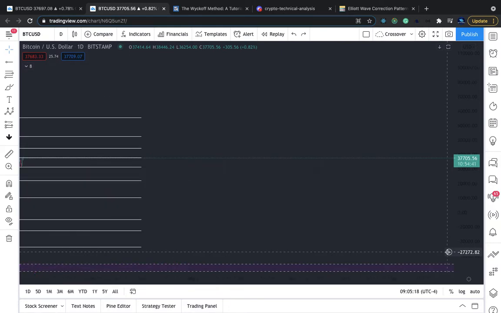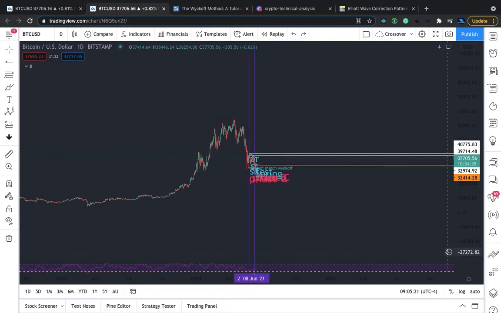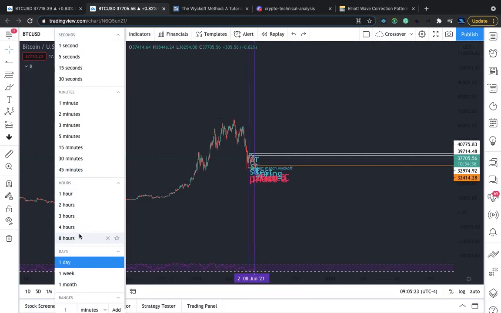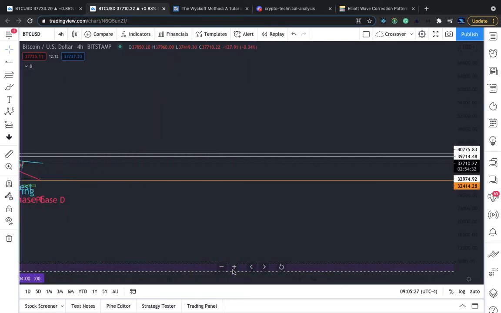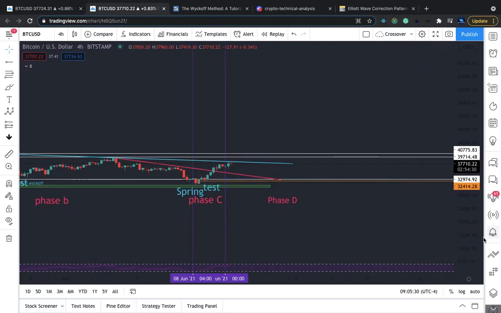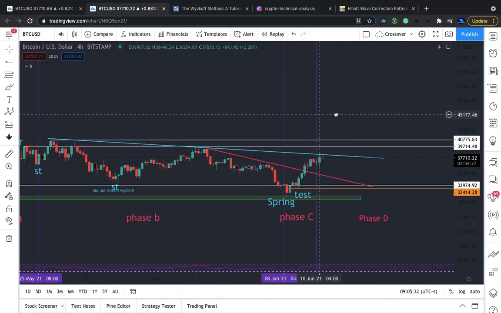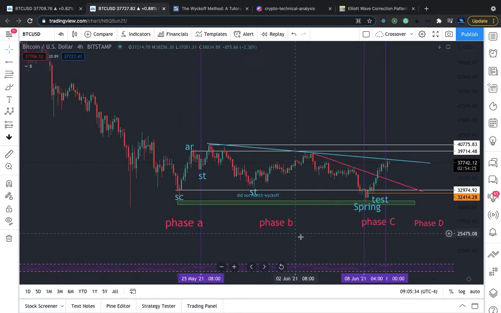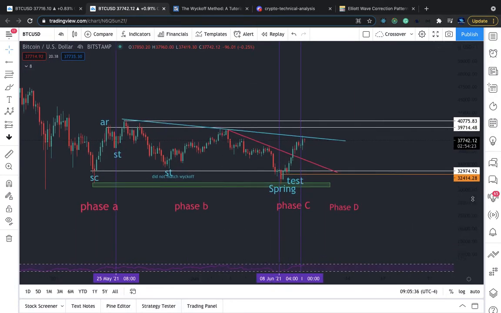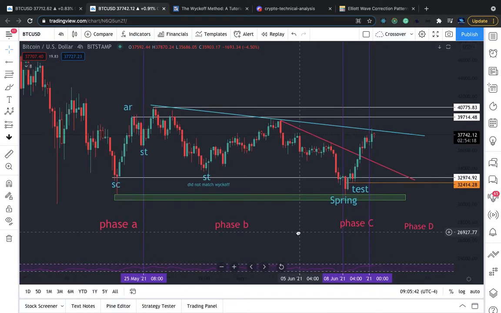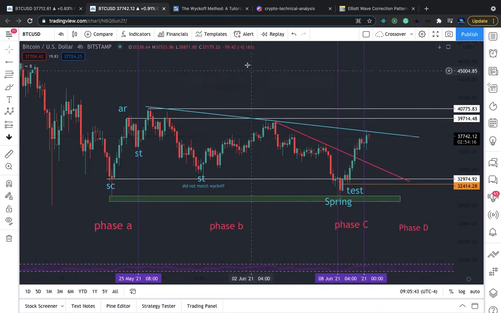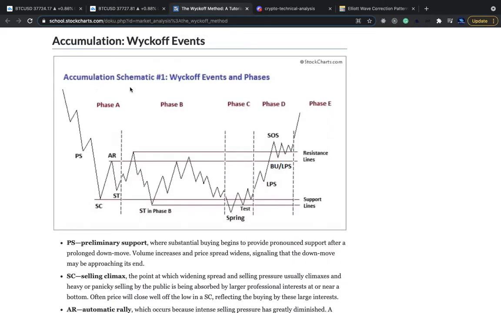Here's the next thing I want y'all to look at. I'm gonna go back to a 4-hour. I'll make it bigger so y'all can see. This right here is a 4-hour of Bitcoin. We're taking a closer look, and what it shows me is that we are in an accumulation schematic 1 for the Wyckoff events.